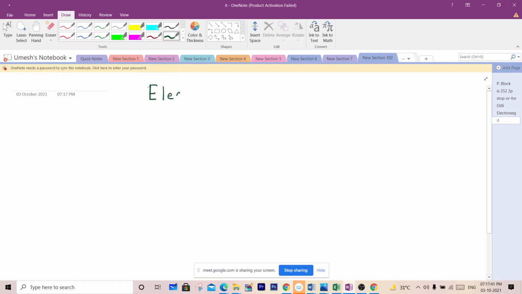Now we talk about the next topic, that is electropositive character. By any chance, are you going to talk about electron affinity? We'll discuss that separately. But right now we're talking about electropositive character.